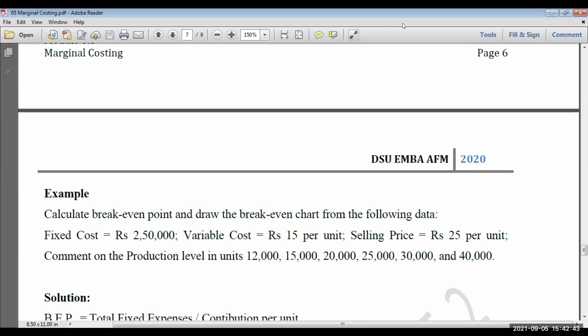Fixed cost is 1 lakh. Profit is 2 lakhs. So the total amount required is 3 lakhs. That should be contributed by the number of units. So contribution per unit is 10 rupees, right? 3 lakhs by 10 rupees, so the number of units is 30,000 units.